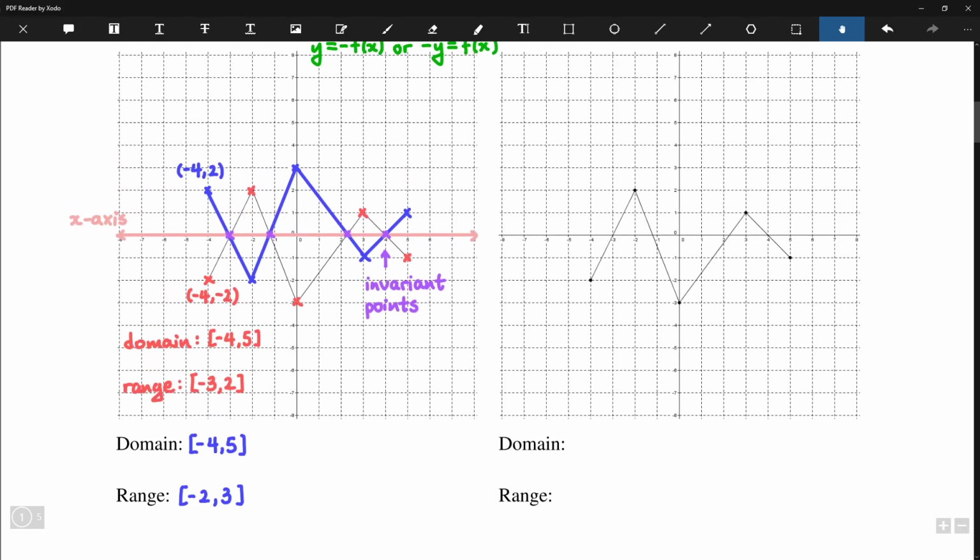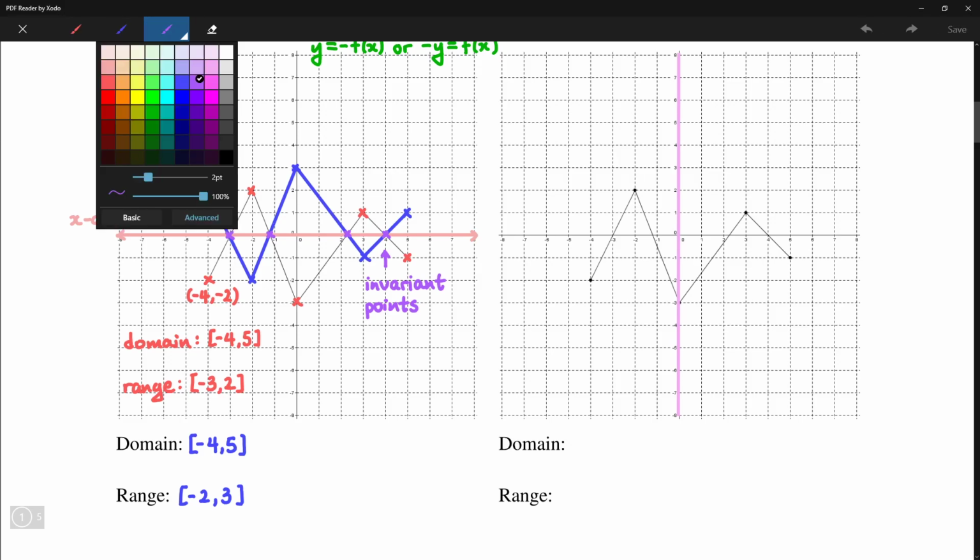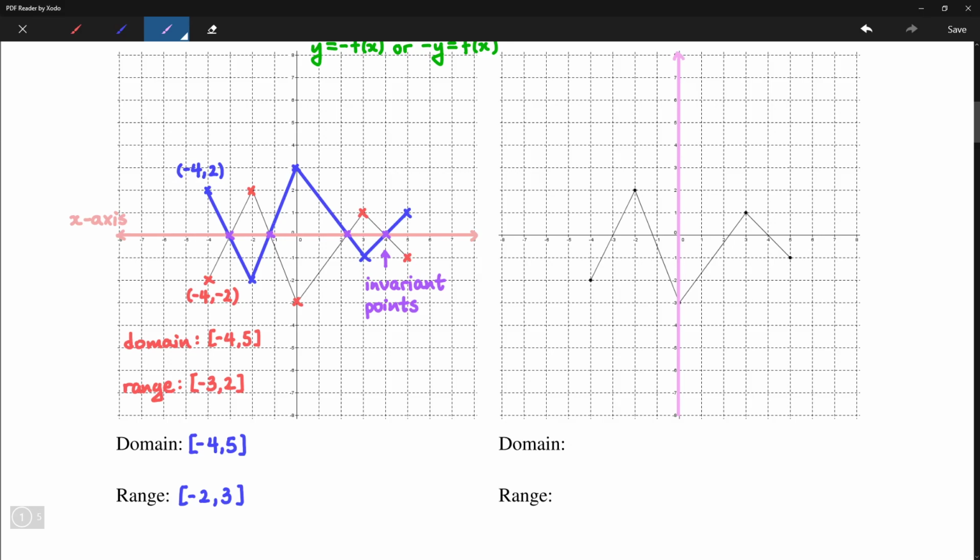So on the right-hand side, we'll have here the y-axis. So we have the same 5 points once again. 1, 2, 3, 4, and 5.